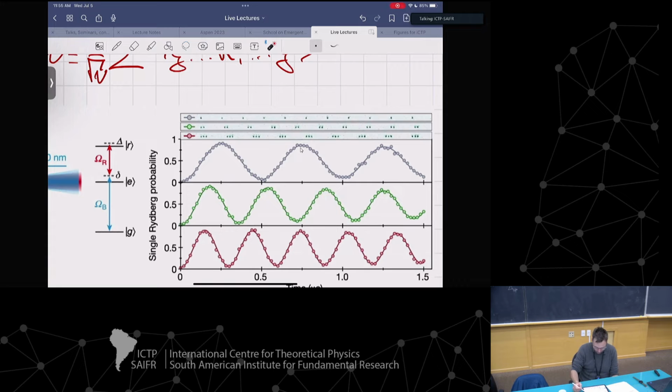Now the second situation, 2 atoms close to each other, far away from the next group of 2. We do the same experiment. Suddenly they oscillate quicker. Also, important to look at the y-axis, which is the single Rydberg probability. So this also goes up to 1, but it doesn't mean that both atoms get excited to the Rydberg state.